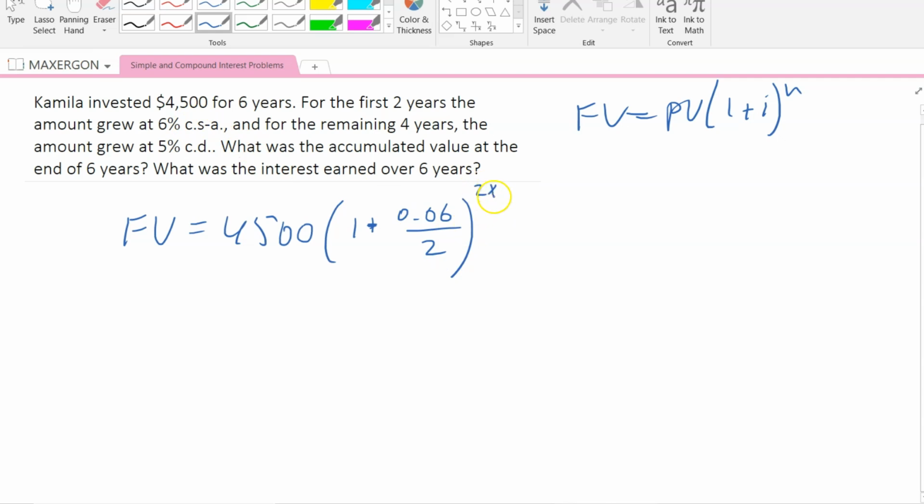Exponent will be 2 times 2, right? So it's 2 years for the first part of this investment. Now, whatever that becomes will continue to grow at 0.05 divided by 365 times 4, because there are 4 years remaining in this investment. Now we will compute this.